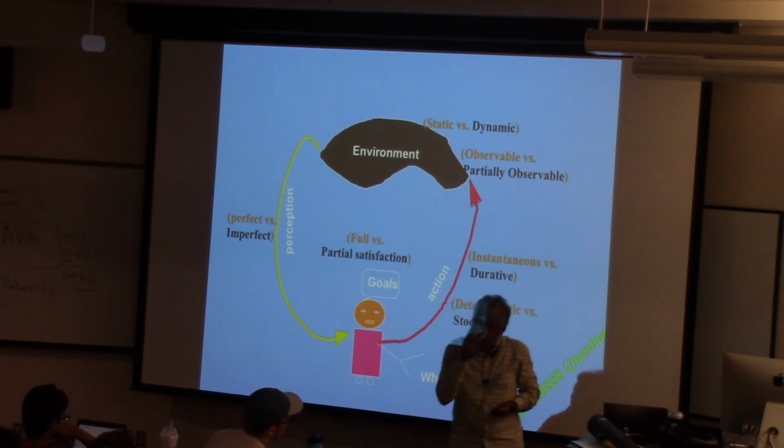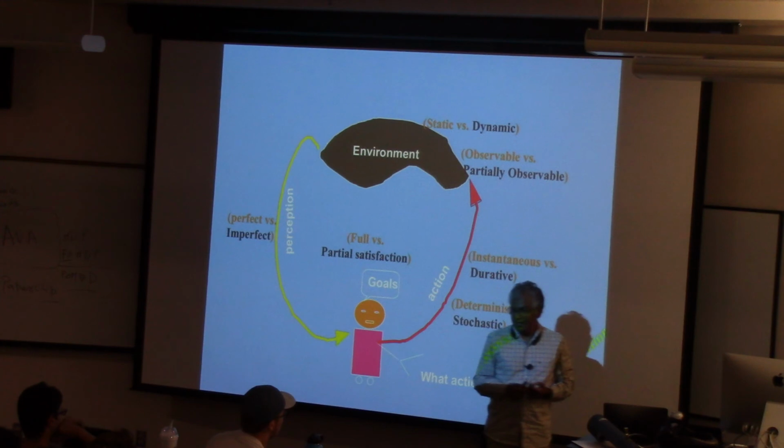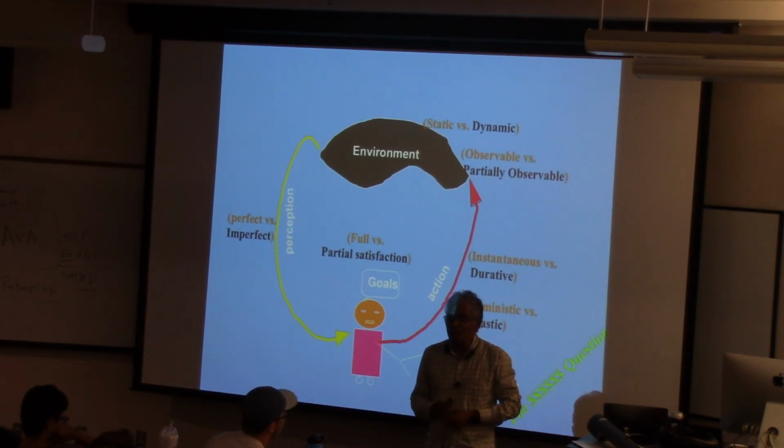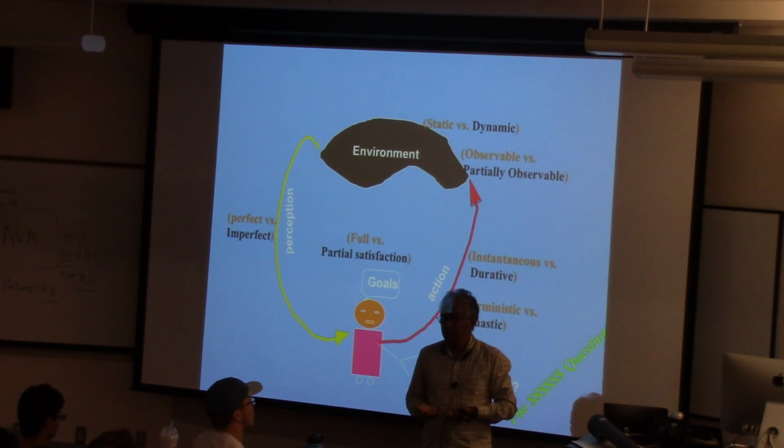At that point, I have two possibilities. One is to decide what action to do, or decide on more tests. Tests are actions too. In the US, you'll get more tests. Why?